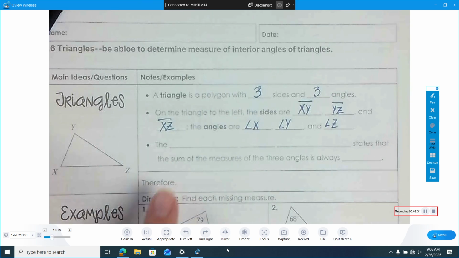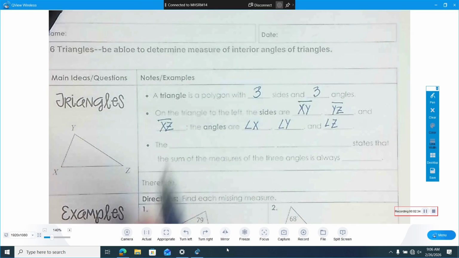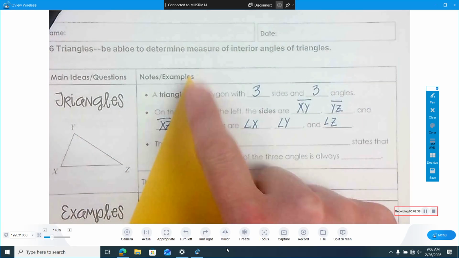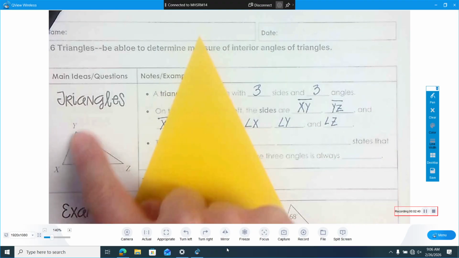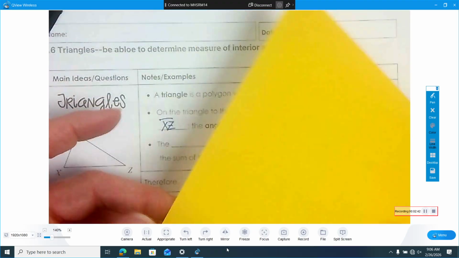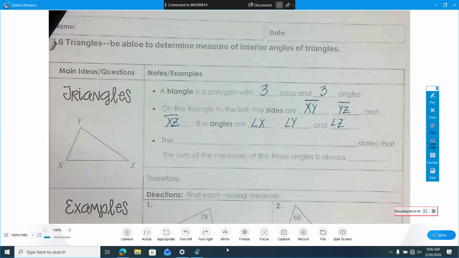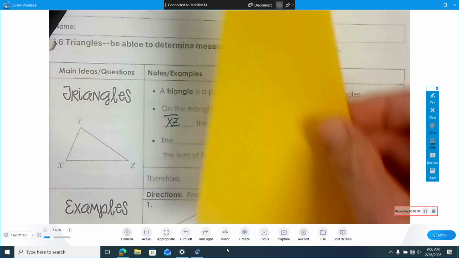Now, it turns out that there's this theorem that tells us, we've got these 3 angles in a triangle, and it turns out that they add up to be a very special number. You want to guess what that number is? 90? 180.